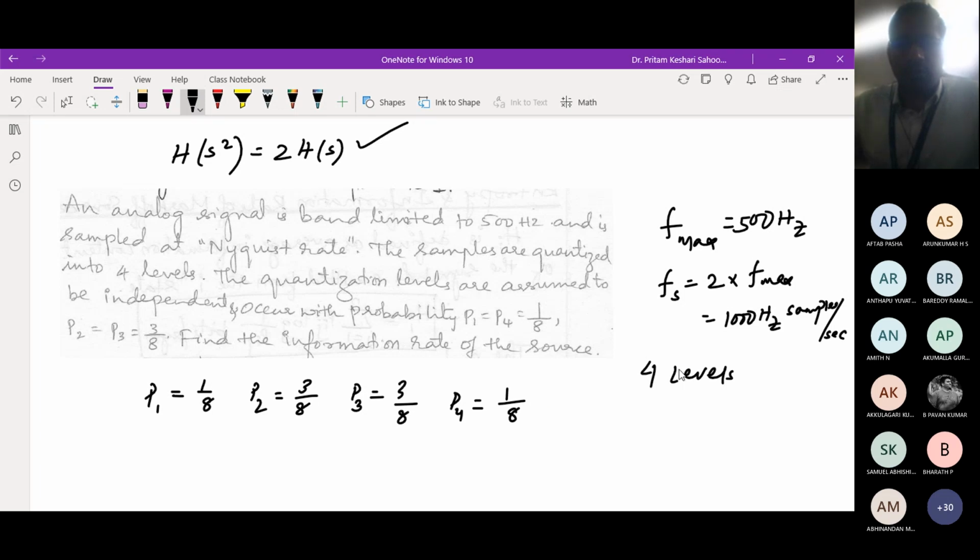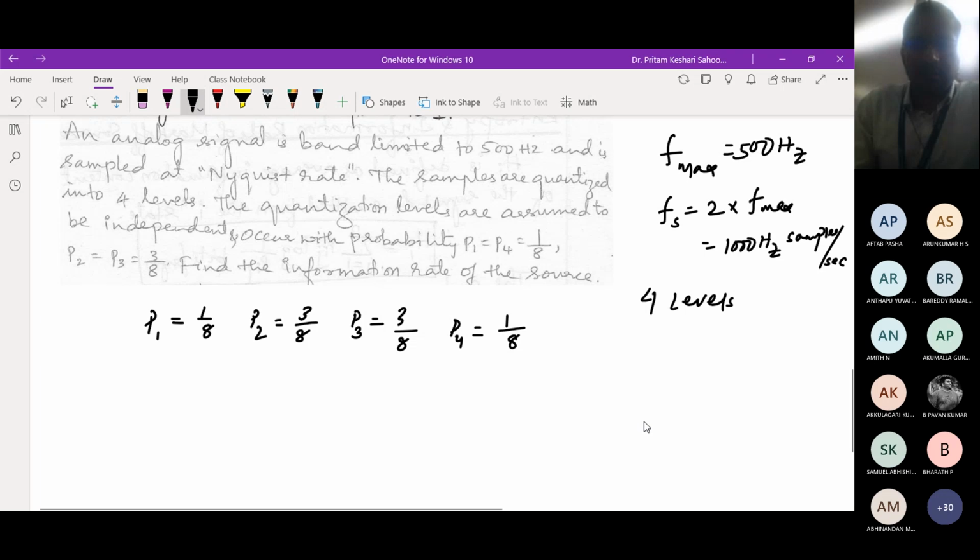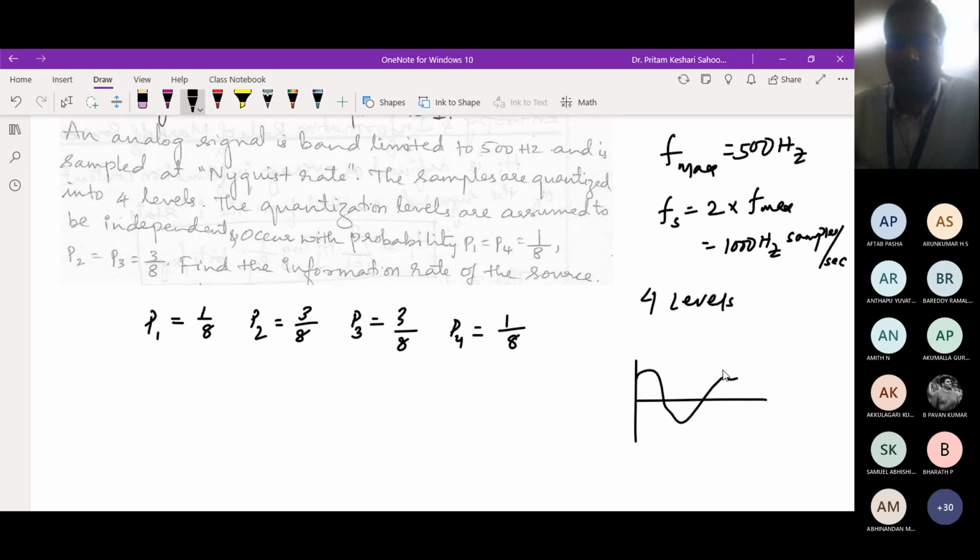Okay, so try to understand the question. An analog signal is given. I'm drawing the pictorial representation. See, this is an analog signal, and we are sampling the analog signal at Nyquist rate. So the sampling frequency is twice the maximum frequency.